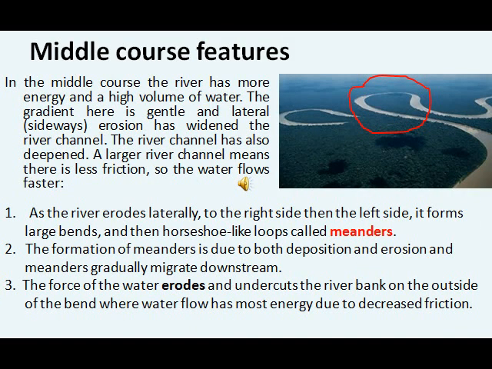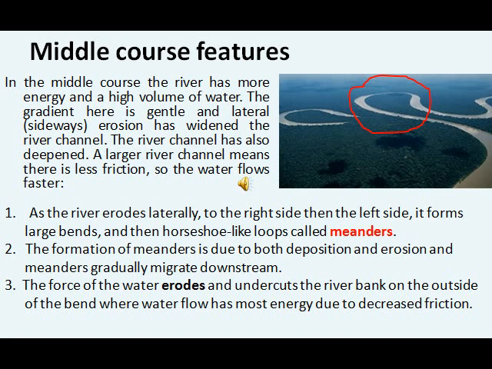Middle course features. In the middle course, the river has more energy and a high volume of water. The gradient here is gentle and lateral erosion has widened the river channel. The river channel has also deepened. A larger river channel means there is less friction, so the water flows faster.